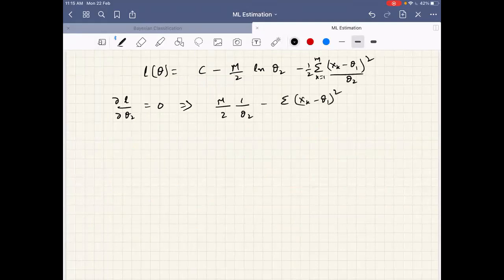The negative sign cancels out and there will be a theta 2 square at the bottom. 1 by theta 2 square is what its differentiation gives. Here is anyway a negative sign, and this is equated to 0.